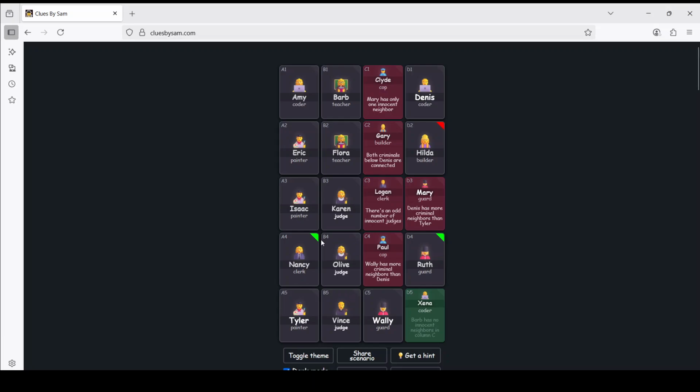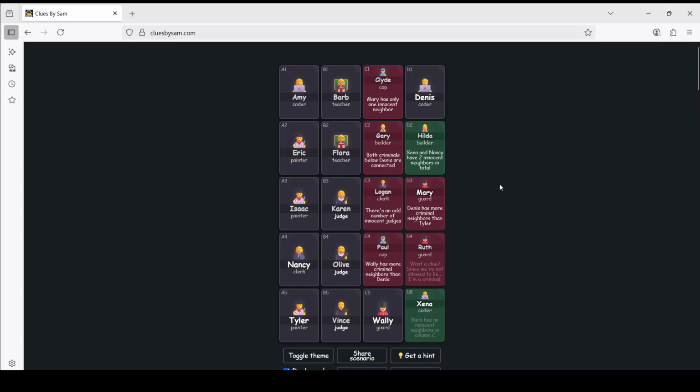So from that, we can figure out that yes, Ruth is the criminal and Hilda is the innocent. Ruth does not have a new clue for us.